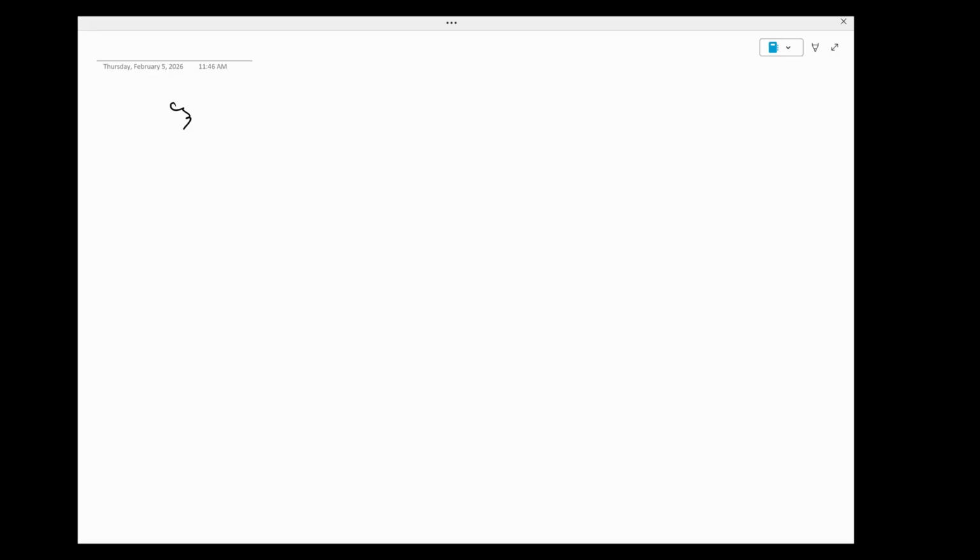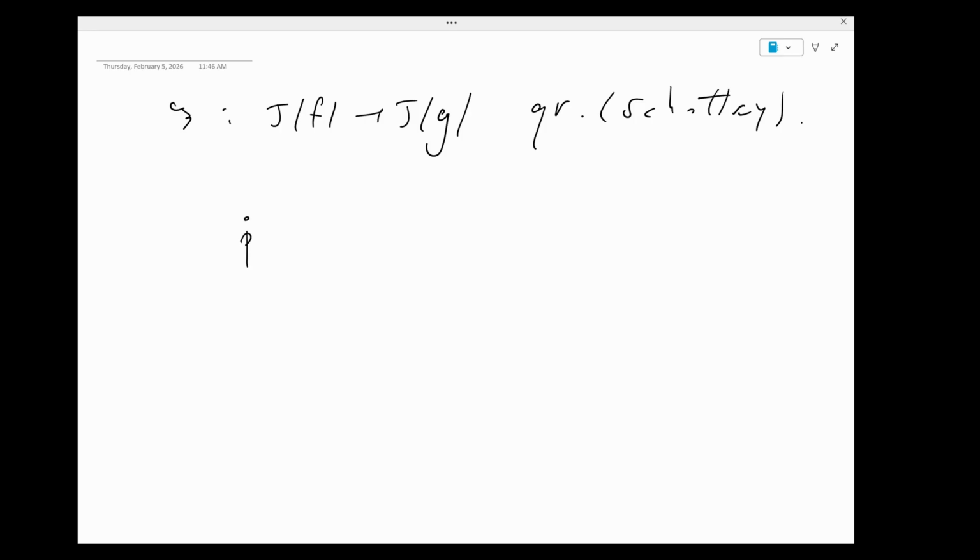So suppose I have this quasi-regular map from J of F to J of G. Now I'm assuming it's Schottky because I conjugated everything to this Mario situation when the set's around. Then I'm going to choose a point P, which is a periodic point of F. In fact, I'm going to assume it's fixed because I can always pass to iterates.